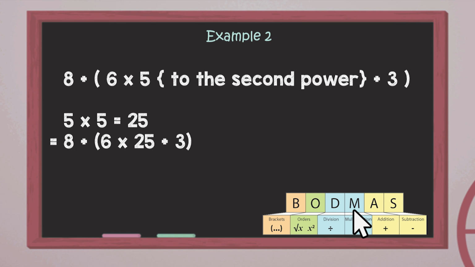6 times 25. Let's work that. 6 times 25 will give us a total of 150. In our next line, we have 8 plus, open brackets, 150 plus 3.